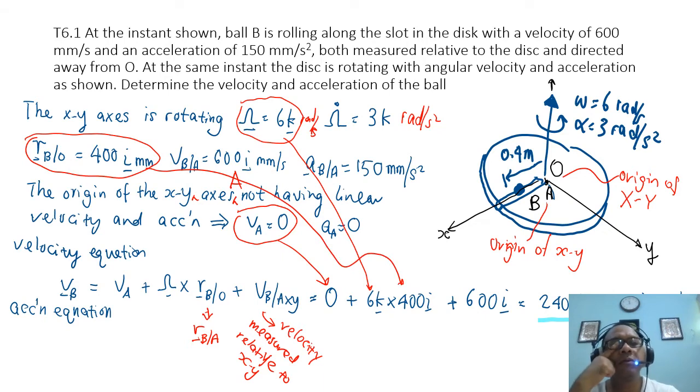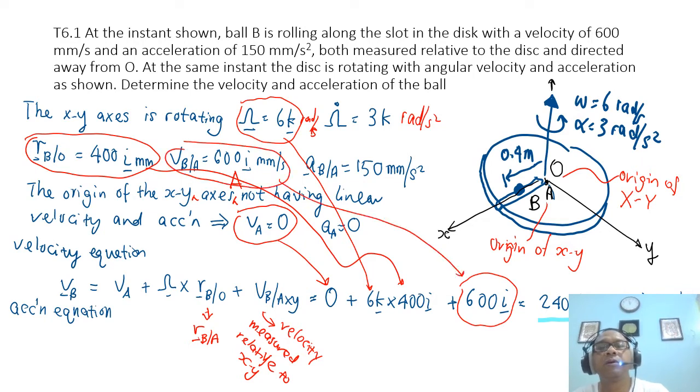And I know that the velocity is 600 millimeter per second. And therefore, we get the answer 2400 j plus 600 i millimeter per second.